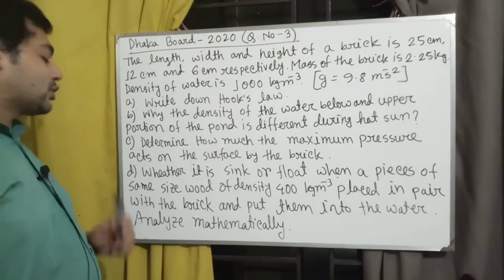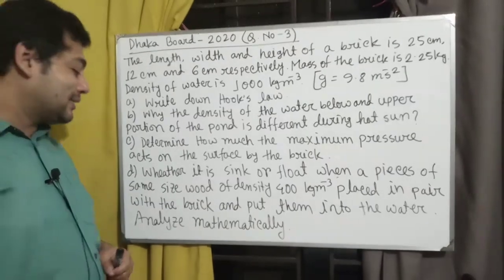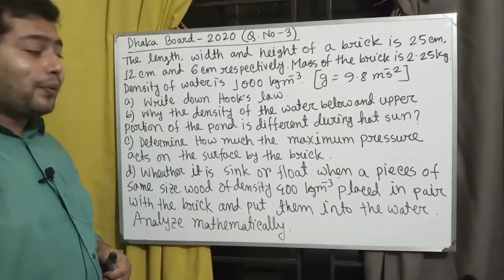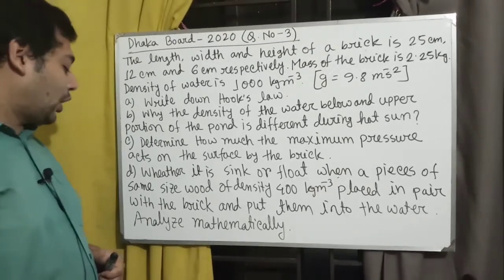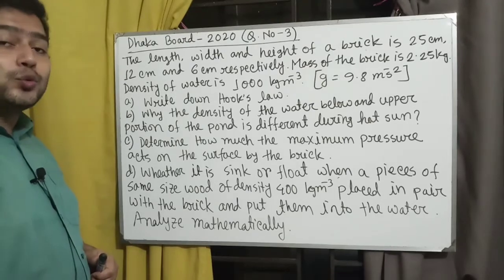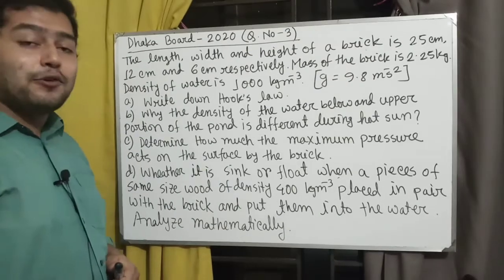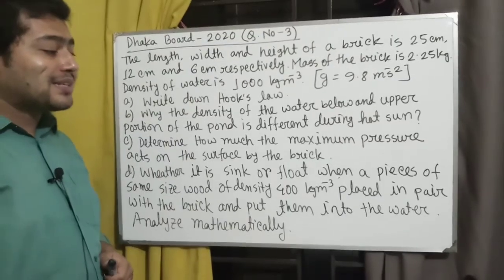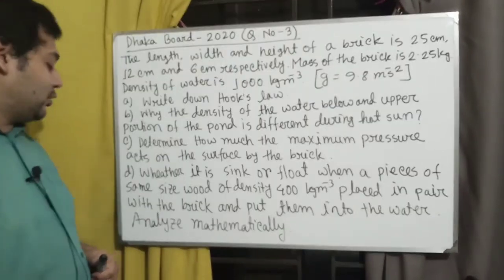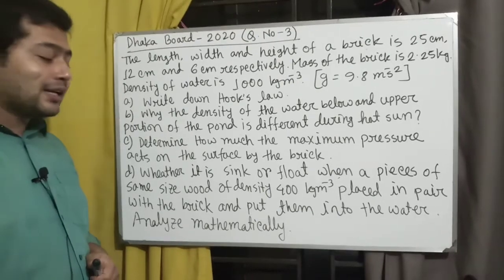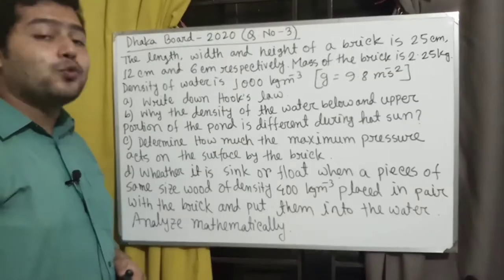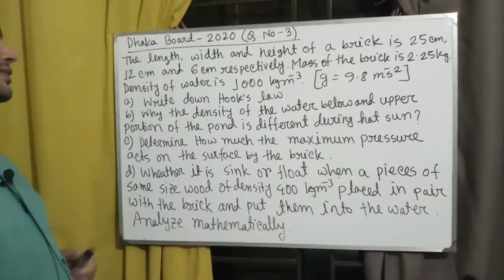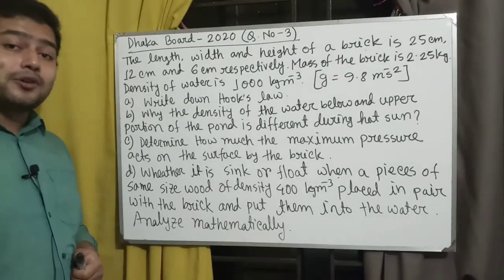And question number D is whether it is sink or float when a piece of same size wood of density 400 kg per meter cube placed in pair with the brick and put them into the water. Analyze mathematically. Okay, so this is a full set creative question.